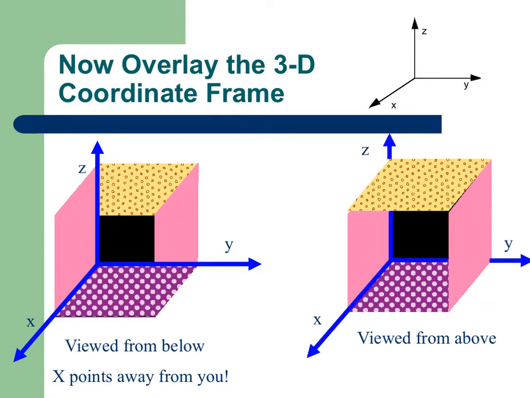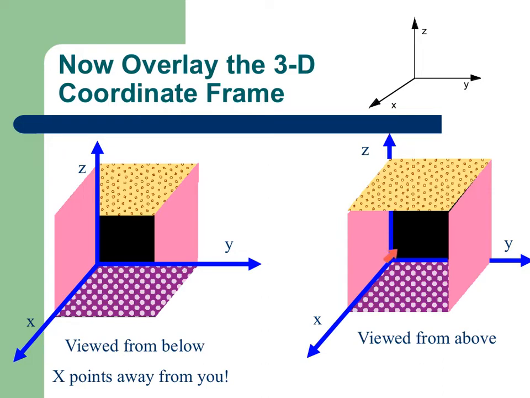On the other hand, if I overlay the axis onto the box like this, you can see the X-axis is still pointing in the same direction, Y in the same direction, Z in the same direction. But now the YZ axes are along the inside back of the box, right?